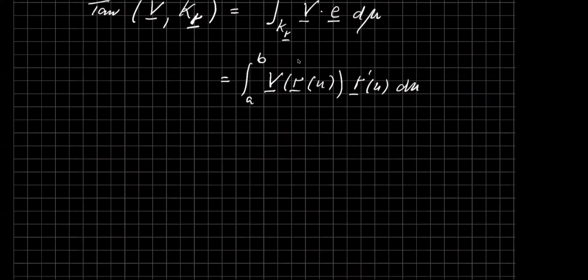And now I'll discuss a special case here. So I say if R of A is equal to R of B, and that is when the curve is closed. I could write here then KR is closed.